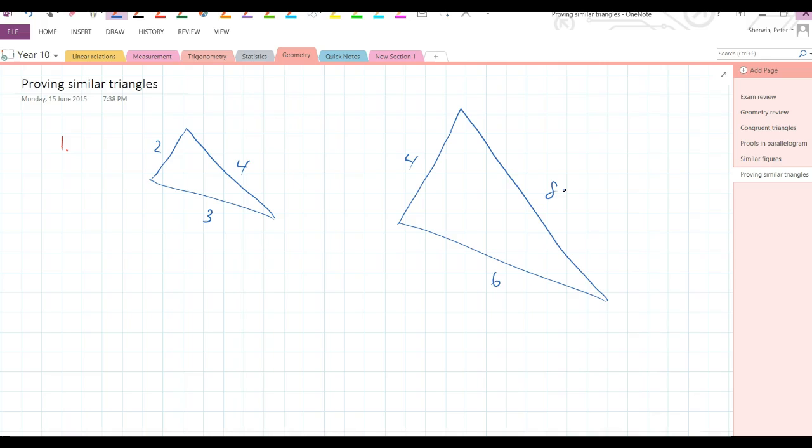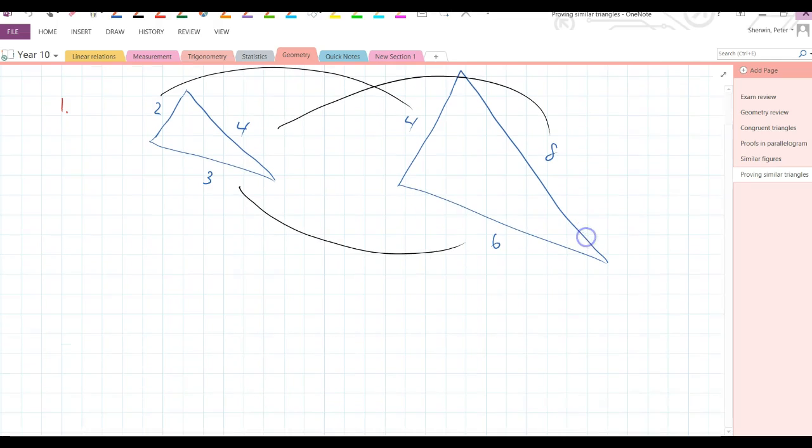So we would say that all 3 pairs of corresponding sides are in the same ratio. You can see 2 to 4, 4 to 8, 3 to 6, scale factor of 2 from smaller to larger. So we'd say here that this is an SSS, and that all pairs of corresponding sides are in the same ratio.